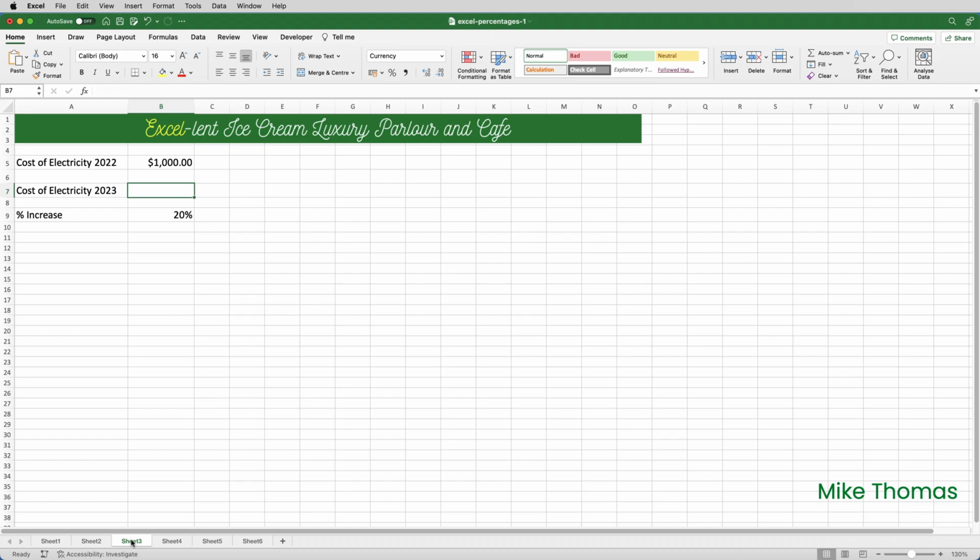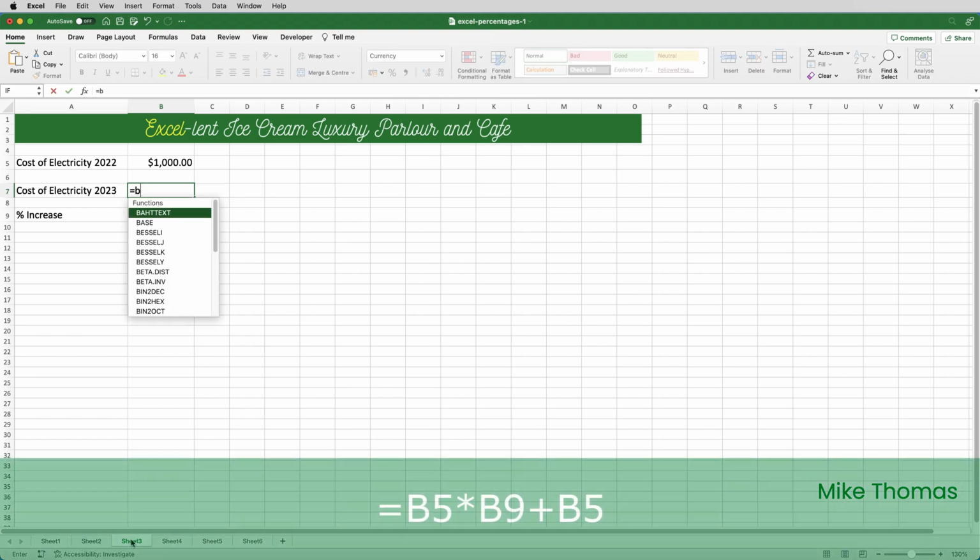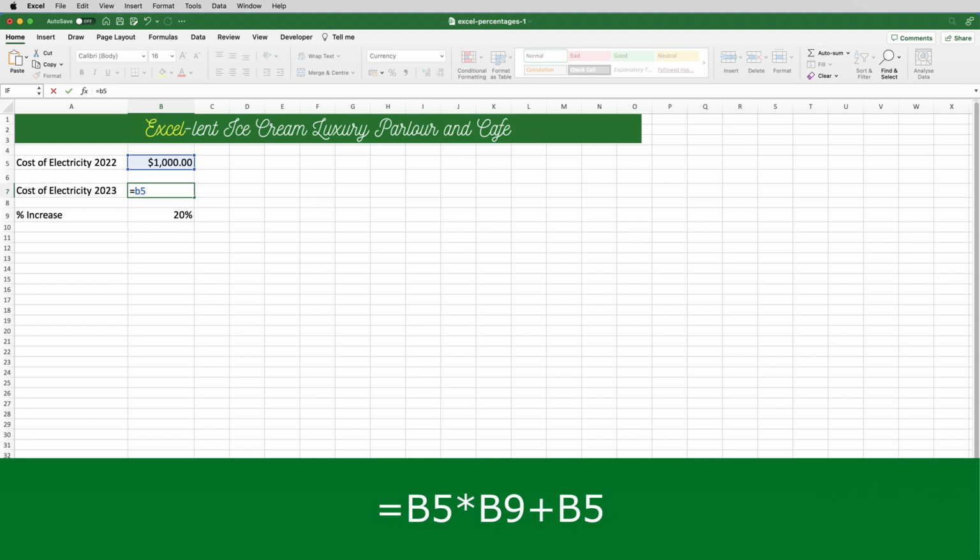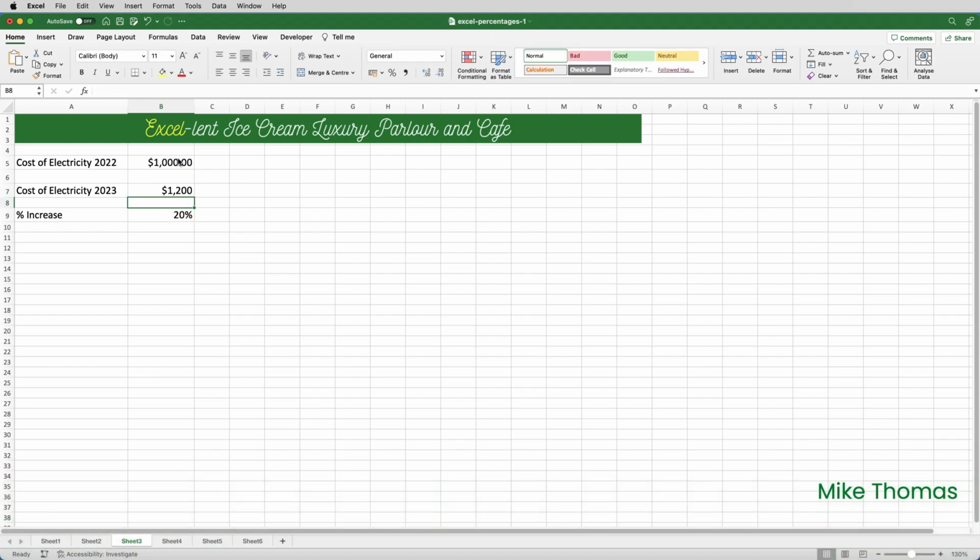Very, very similar to the previous example. So for this one, in B7, I will put B5, which is the cost per month this year, multiplied by B9, which is the percent increase, and then add onto that the original 1,000. And enter. And that gives us the new cost for next year.